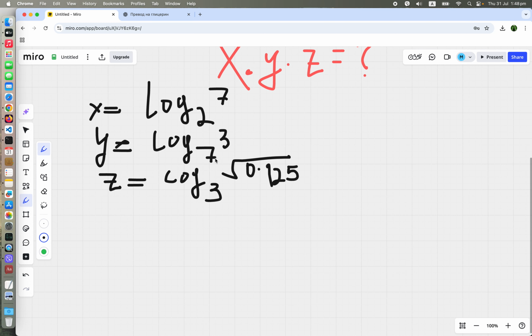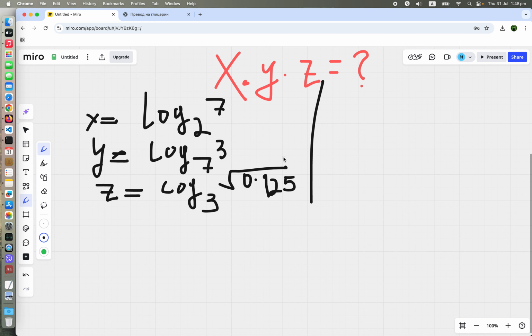Now we have that, but what we are gonna do, I'm gonna show you. First, we wanna multiply these things. I'm gonna multiply them by pairs. First, I'm gonna multiply x and y, because I can see that 7 repeats there, and that's something in common which we can notice.